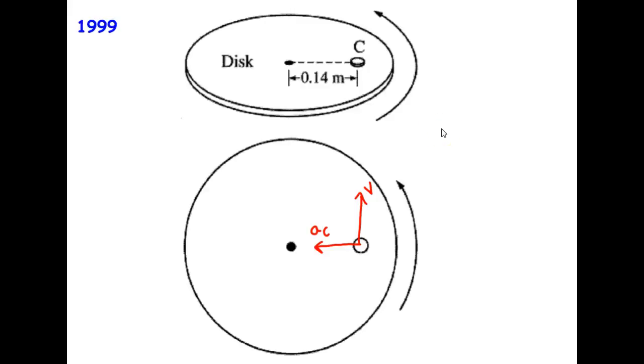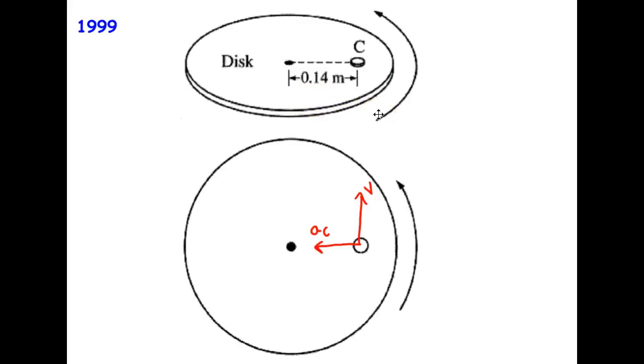Next, the free response question for 1999. A coin C of mass 0.0050 kilograms is placed on a horizontal disc at a distance 0.14 meters from the center, as shown above. The disc rotates at a constant rate in a counterclockwise direction as seen from above.